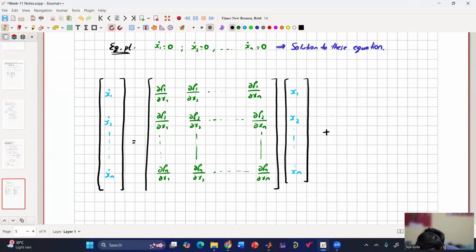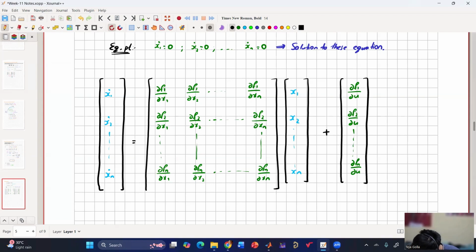So now it will be dou F1 by dou U, dou F2 by dou U, up to dou Fn by dou U, into U. So in this way, we are going to get the linearized model for a given nonlinear model.